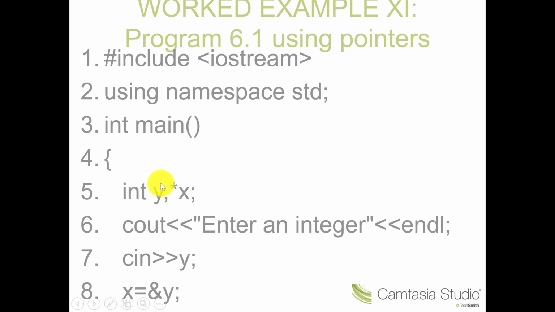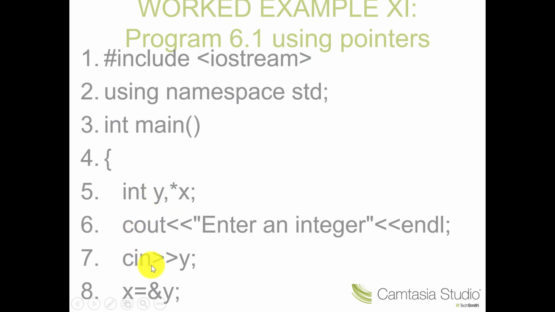This is a normal variable, integer type we have declared, but then x, which is preceded by this particular symbol star, is a variable of type integer, but it will not store a number or characters. It will store the memory address, like the address of y.